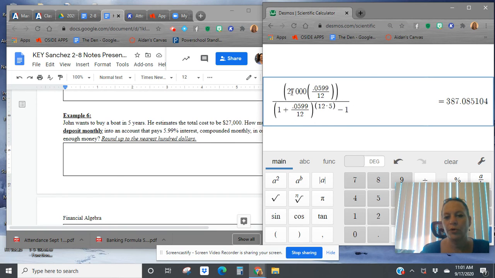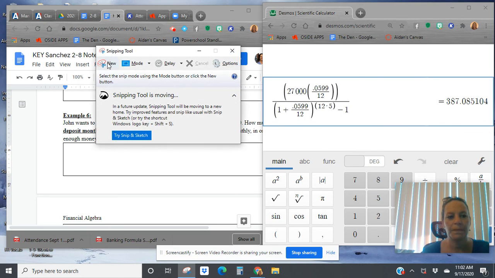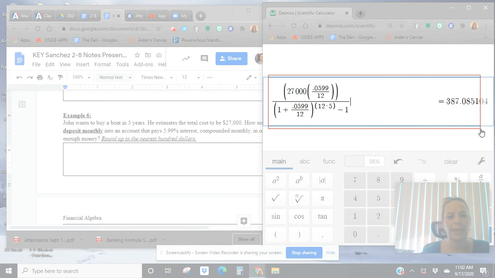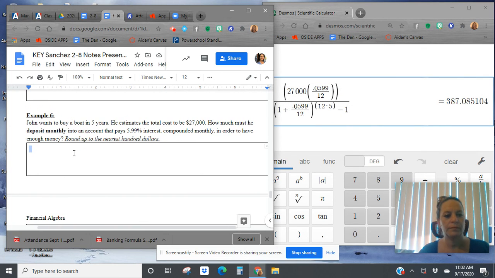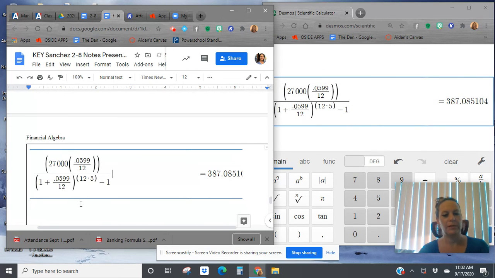So again, here's our new formula. 27,000 is the future goal, the rate compounded monthly, to the power of the monthly times he's doing 5 years. And then there's our little minus one. This one says to round up to the nearest $100 as well. And so he should save $400 per month to make that goal.